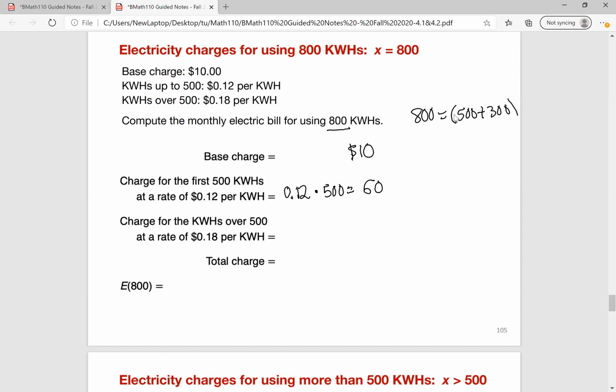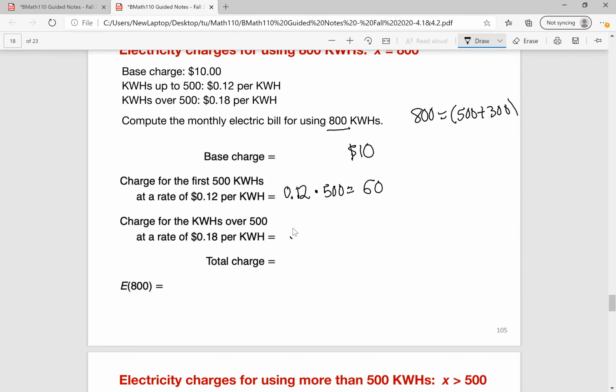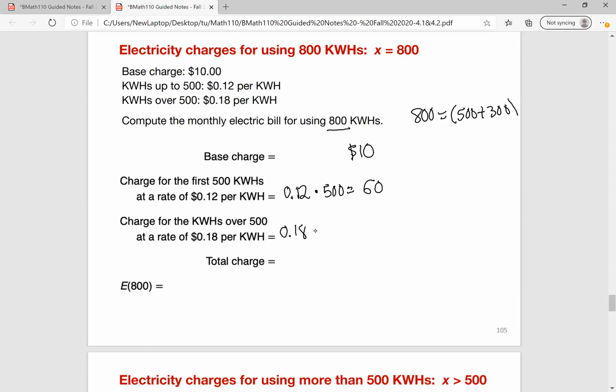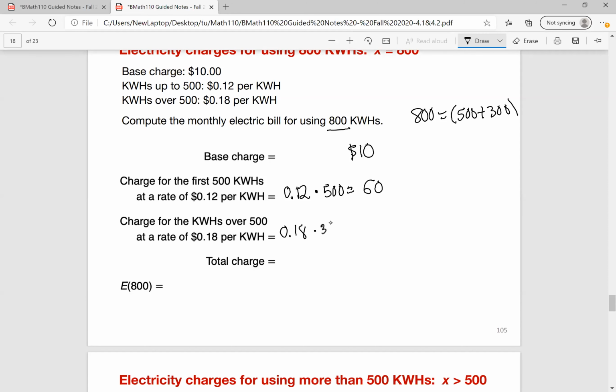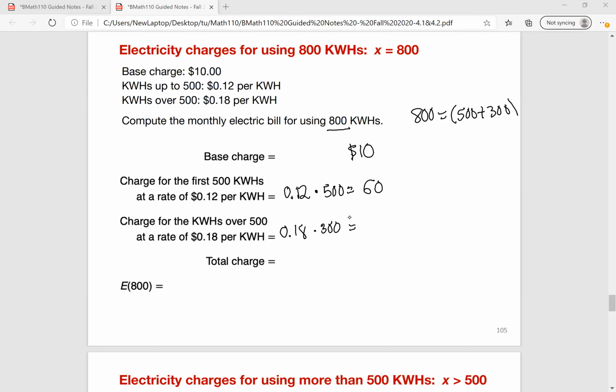The first 500 has a different rate, 0.12, and the 300 later will be based on 0.18. The rate is 0.18 multiplied with 300. So then use a calculator, what will you have?